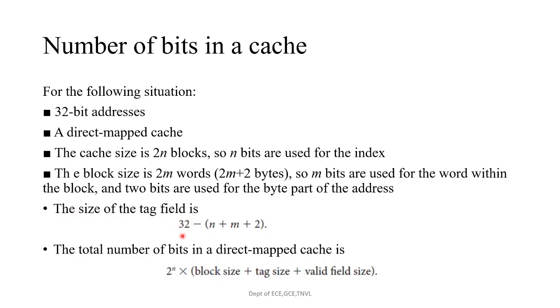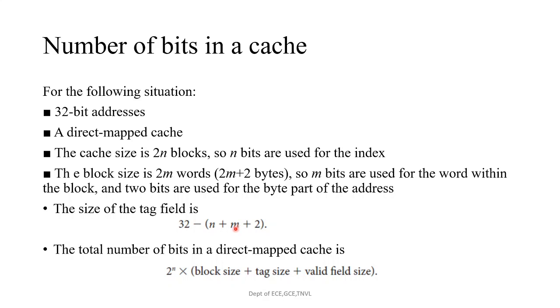If you want to calculate the size of the tag field, it is the total bits of the address, that is 32, minus n, where n is the number of bits used for the index. So if the cache has 8 blocks, then n is 3, plus m. The block can hold 2^m words.